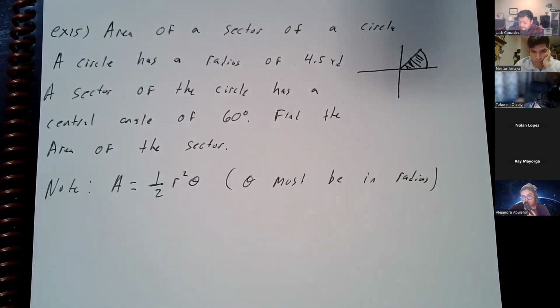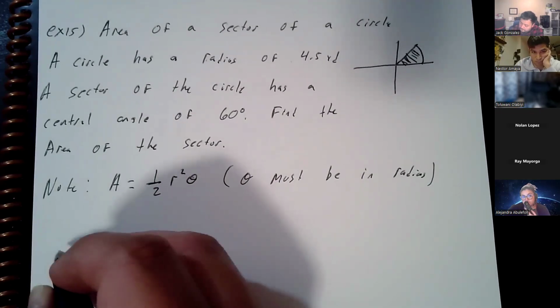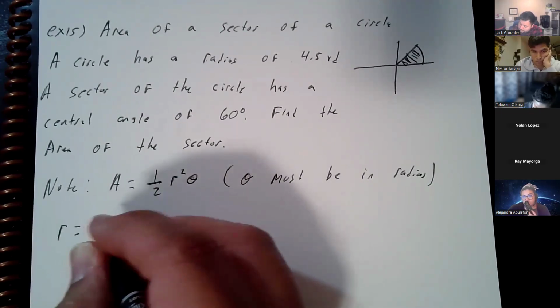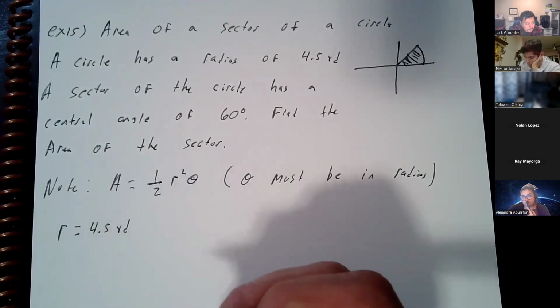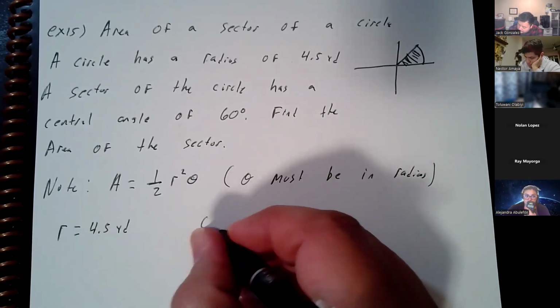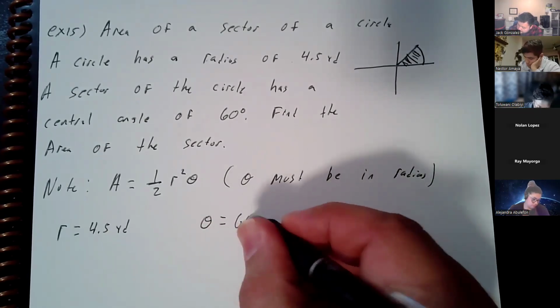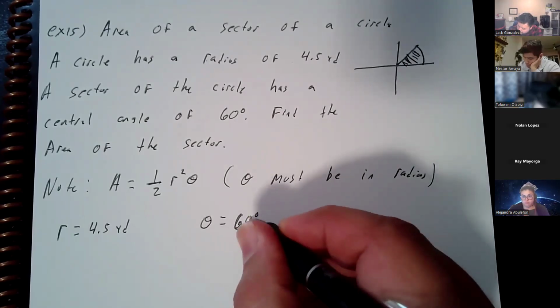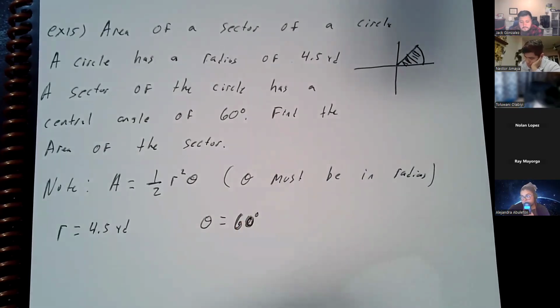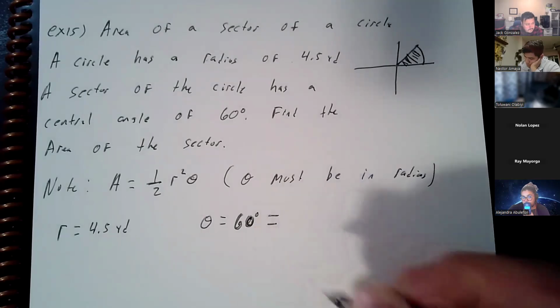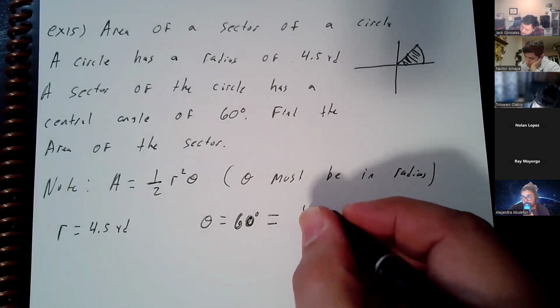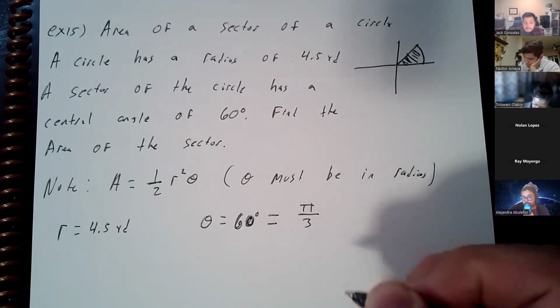Okay, all right. Radius. So we got r equal to 4.5 yards. Then we have theta equal to 60 degrees, which, if you look at your circle, will be pi thirds, right?